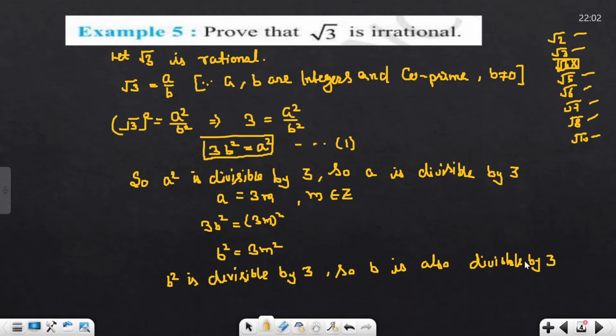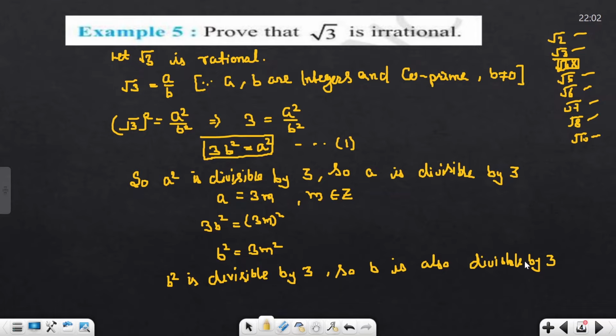Here, what? Now a is divisible by 3, and b is also exactly divisible by 3. It means the common factor between a and b is 3. That is opposite to our assumption. We assumed that a and b are co-prime numbers.